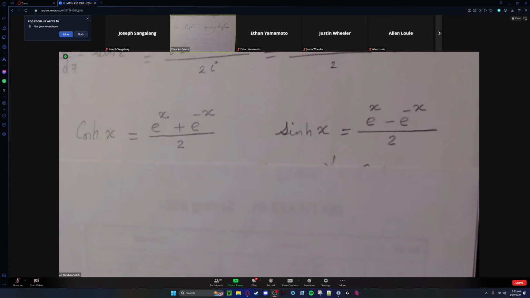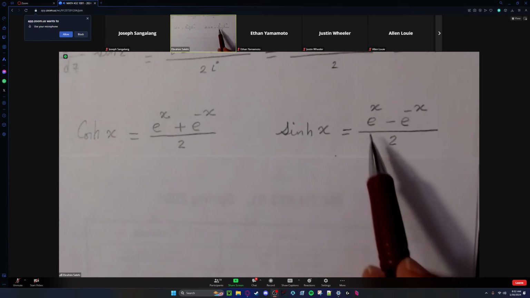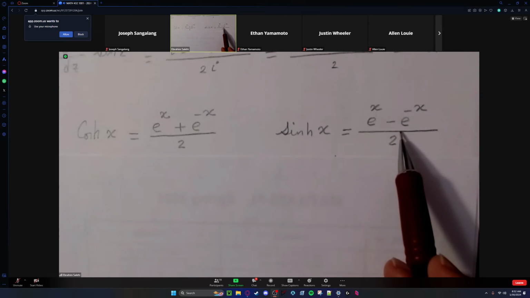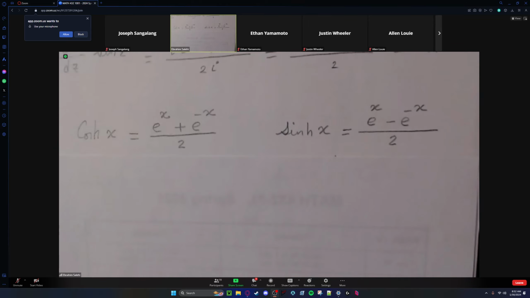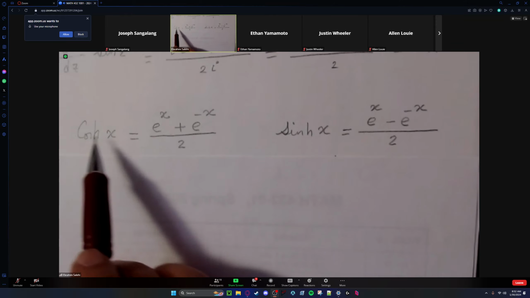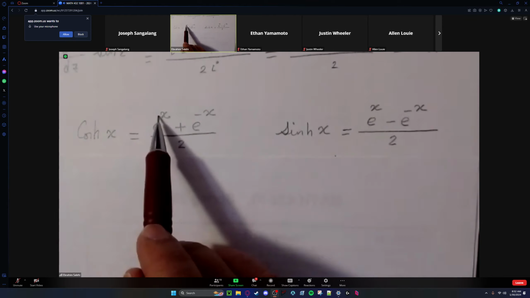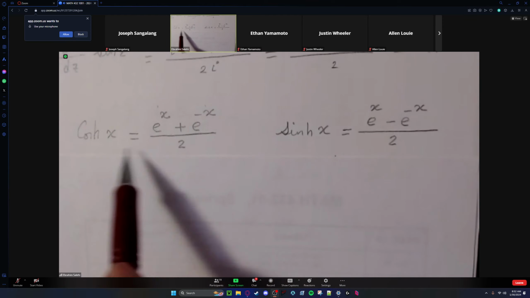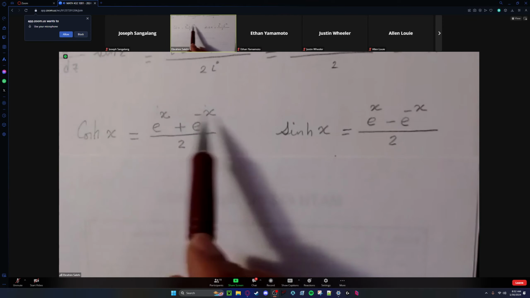And sine hyperbolic of x is this one. Well, and you see the difference between trig and hyperbolic. In trig, cosine of x, you have i here and i here. But in cosine hyperbolic, we don't have that i.